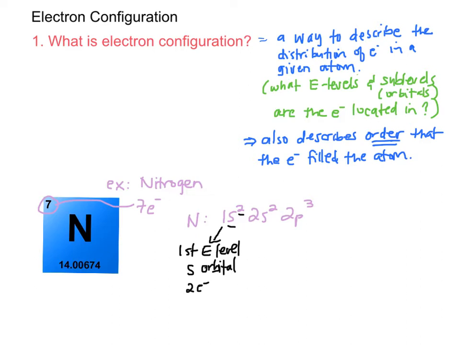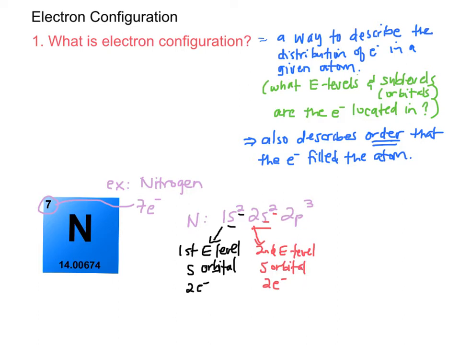Okay, and then the second part, the 2, means that in the second energy level of a nitrogen atom in an s orbital, right? So there's the s right there. You will find 2 more of its electrons. So we've just told you where you can find 4 of nitrogen's 7 electrons.